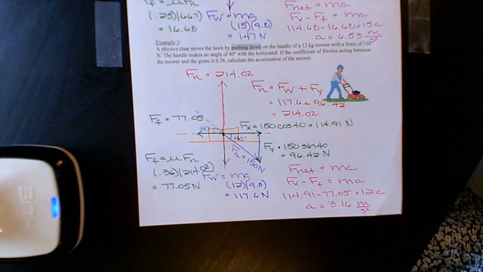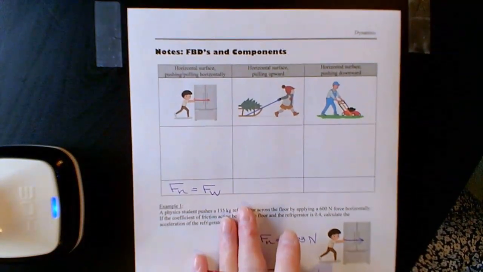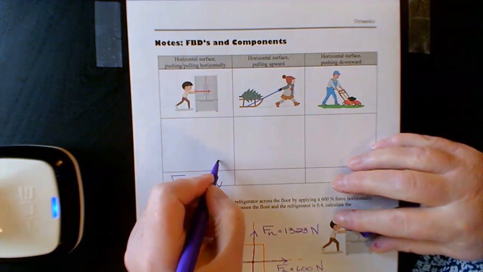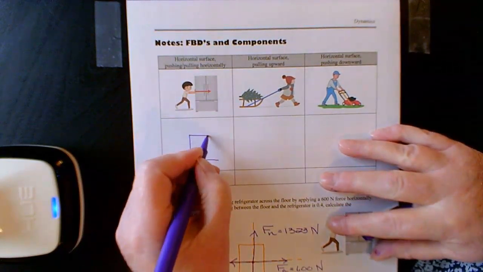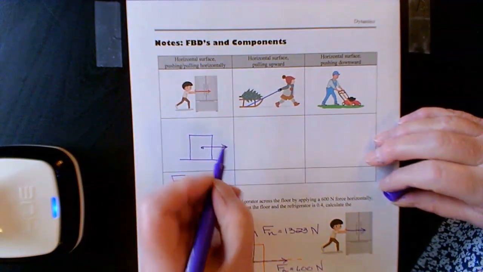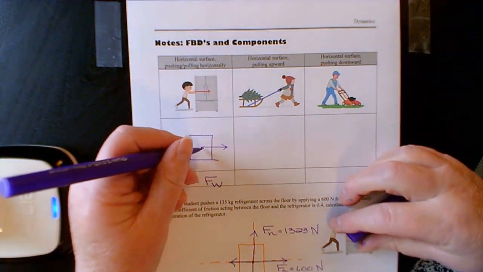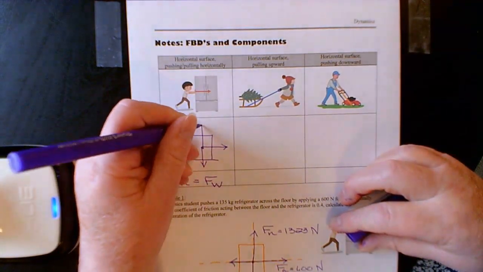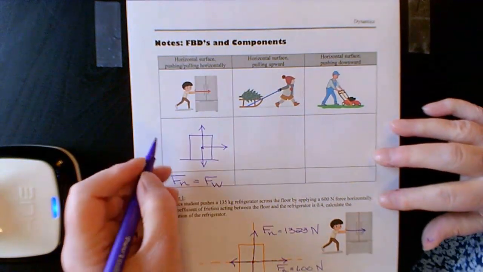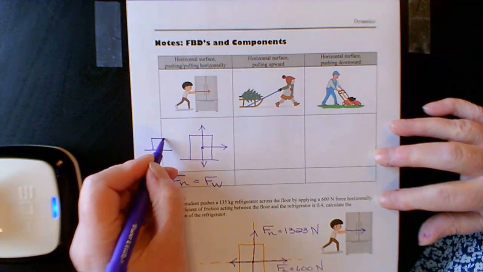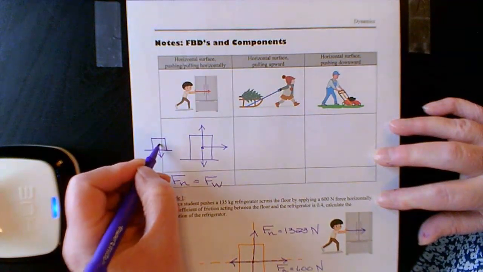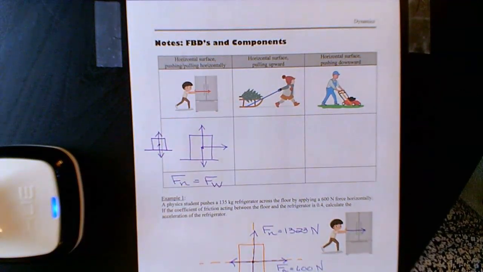All right, so let's go back and do the summary statements then. What I wanted you to see is that when you have an object and you push on it horizontally, then we would have an Fn that equals Fw. To be totally honest, even if I didn't push on the object, even if it was at rest, Fn would equal Fw.